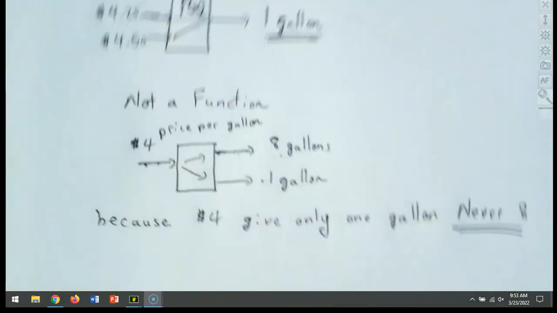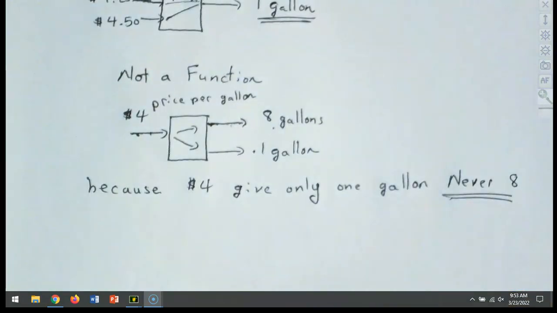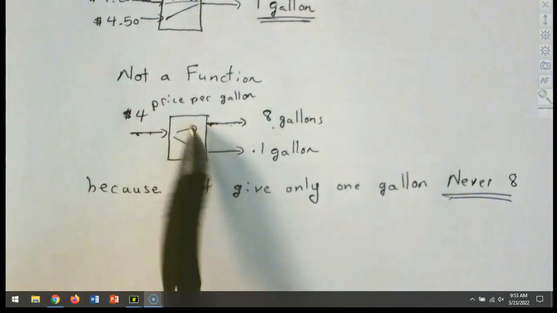If it gave you 8 gallons, you'd want to go to that gas station and get as much gas as you could, right? Yep. But it's not, okay? If there was a mistake at the pump, and let's say somebody didn't key the pump correctly and it gave you 8 gallons, well, everybody's going to go there because that's not correct. It should be, I put $4 in, I get out a gallon of gas. That's why it's not a function. It doesn't make sense.